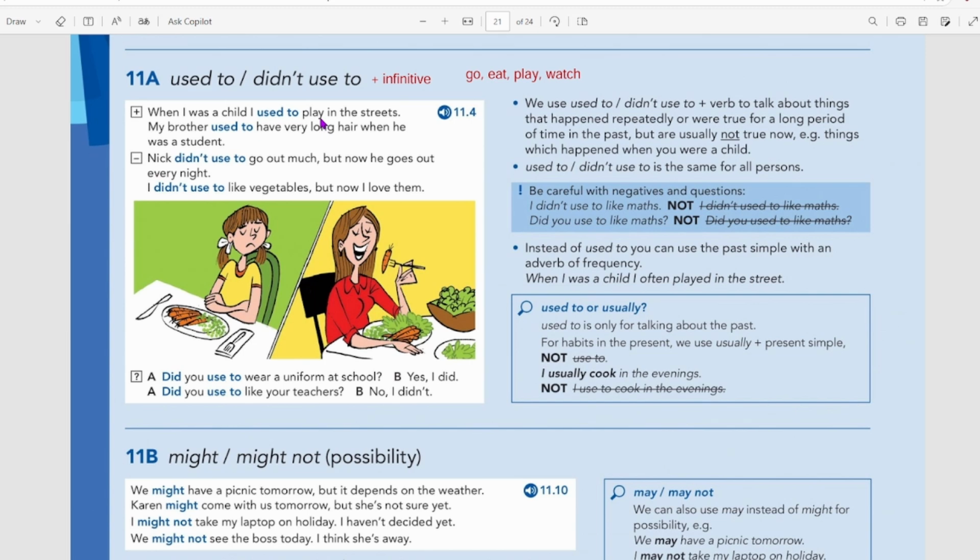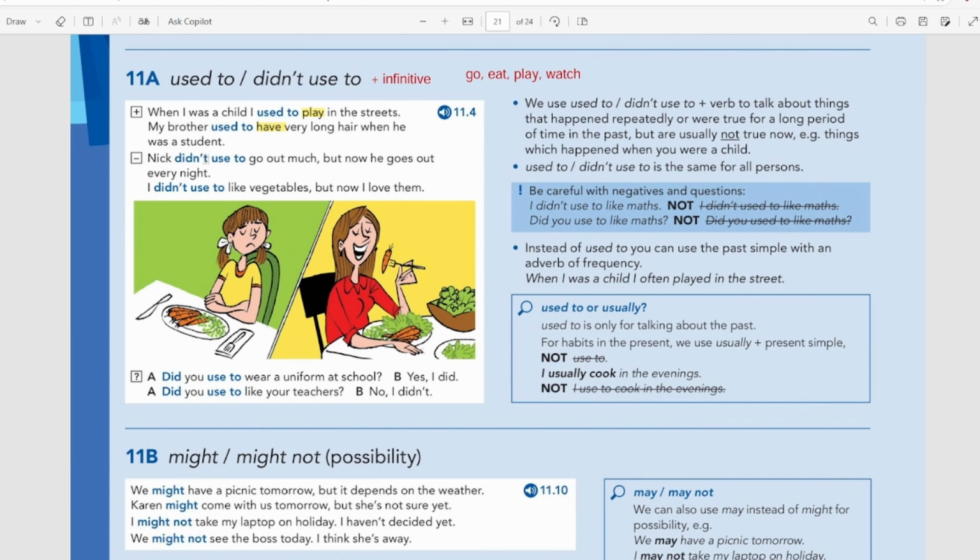So I used to play in the streets. This was a routine or a habit for him or her. My brother used to have. See, guys, each time I'm using infinitive. It's very important. My brother used to have very long hair when he was a student. That means now he doesn't have that long hair. When he was a student, he used to have long hair.